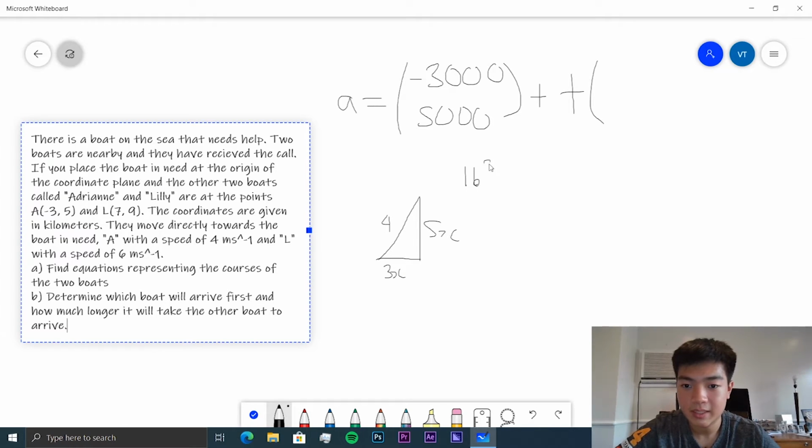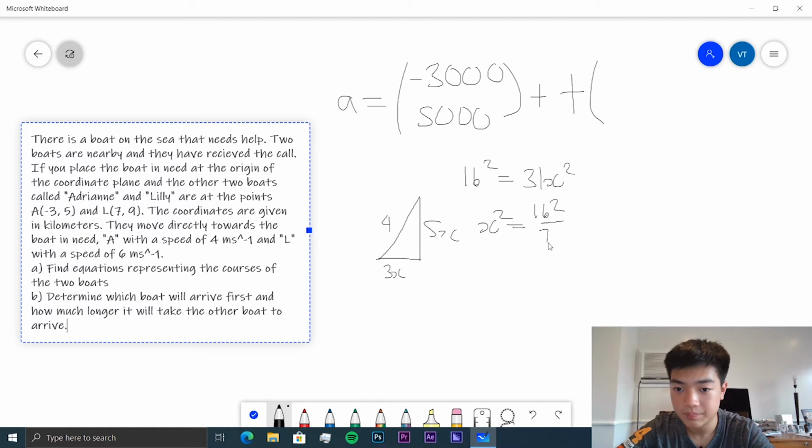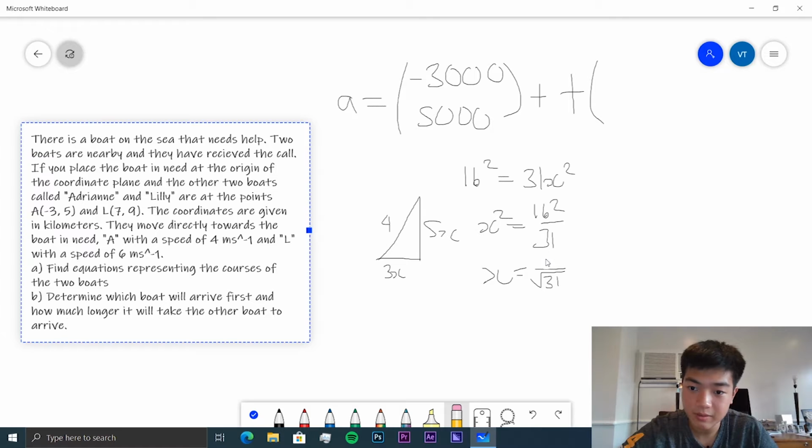So we have 16 equal to 9x squared plus 25x squared, 34x squared.